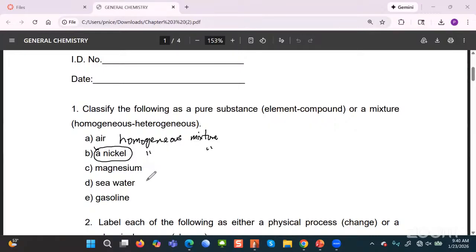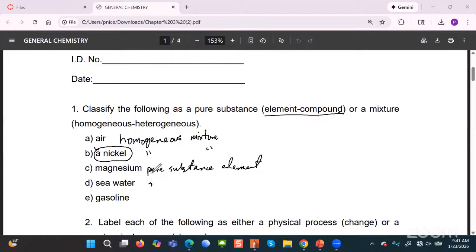Okay, the next one is magnesium. It's a pure substance, and is it an element or compound? Okay, so pure substance, element. All right. Okay, seawater. It's a mixture. It's a bunch of salt in it, right?